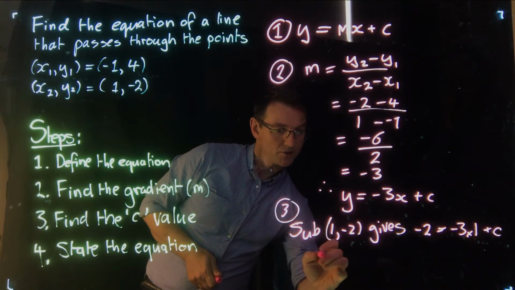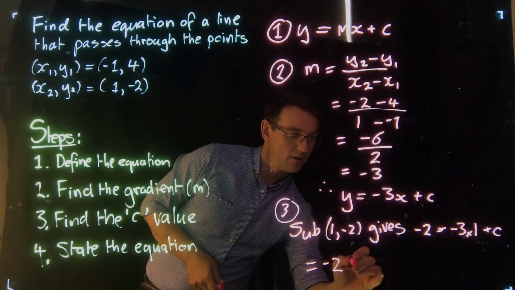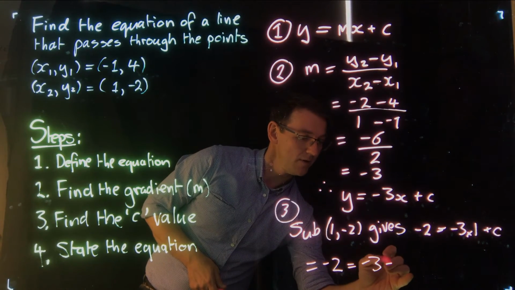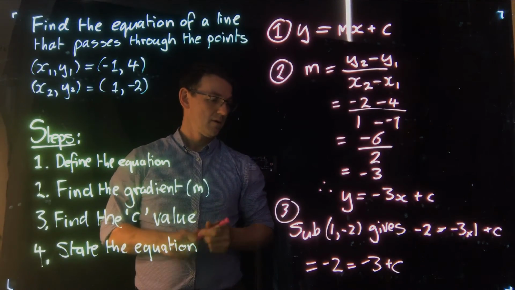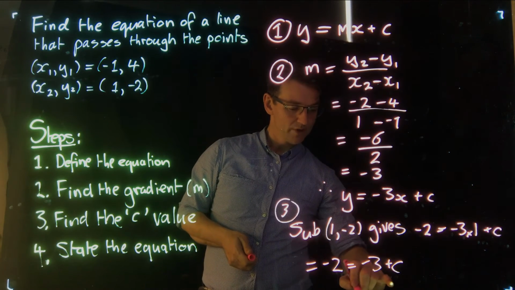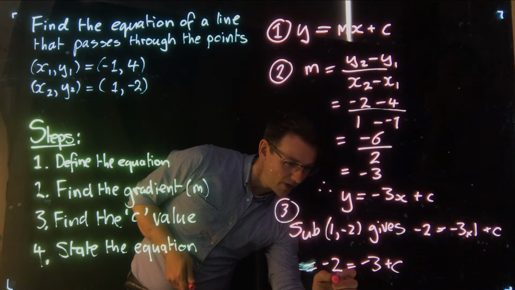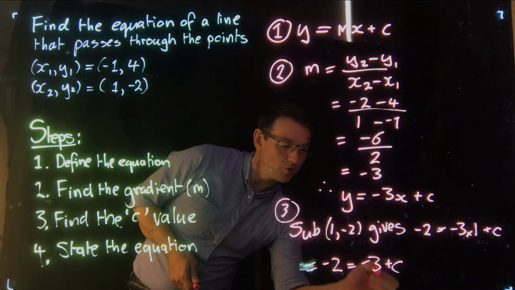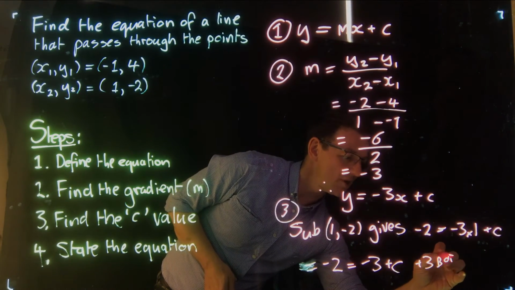Okay, let's look at what this looks like when we simplify. We've got negative 2 equals negative 3 plus c. Okay, so we want to now just bring the c all to one side, and we're going to end up with the minus 3 becoming a positive, so plus 3 to both sides.